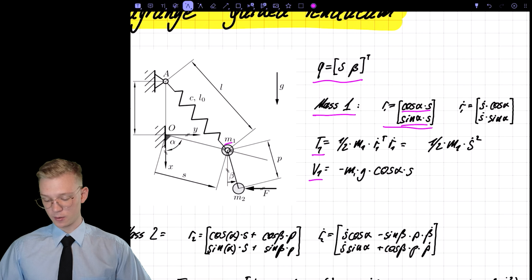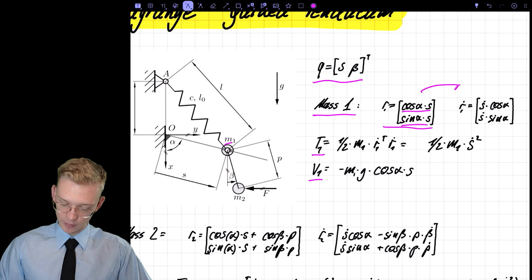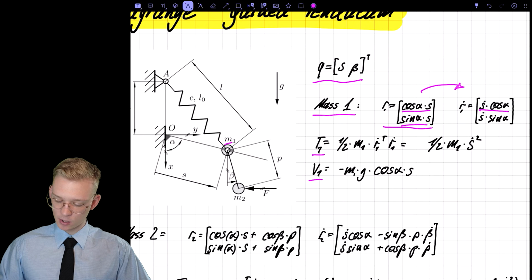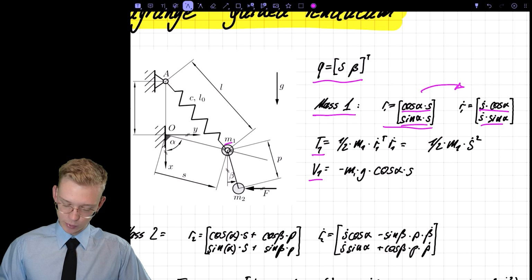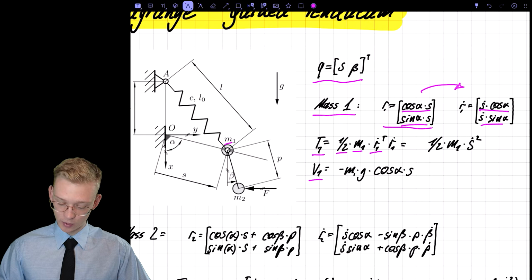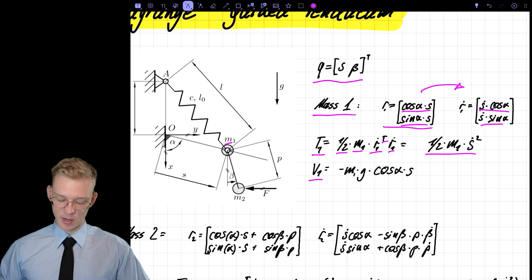Because we want the velocity, we need to derive it with time, and we get s dot cosine alpha and s dot sine alpha. Now we know that the kinetic energy is 1/2 times m times velocity squared. And because we have vectors, we do 1/2 times m1 times r1 dot transposed r1 dot. And we get our kinetic energy.